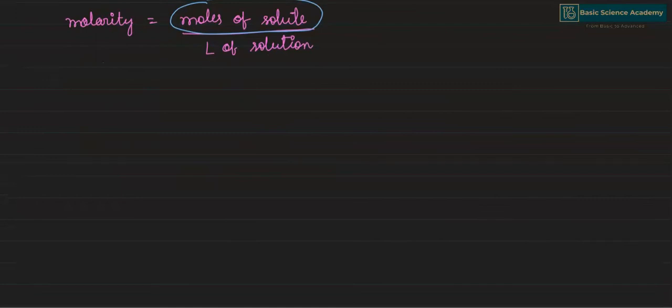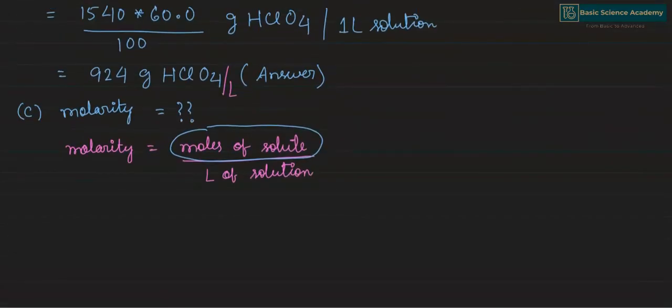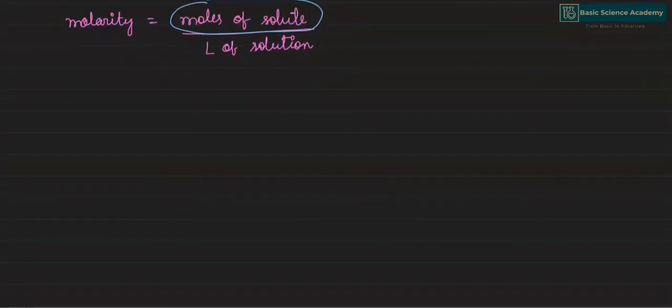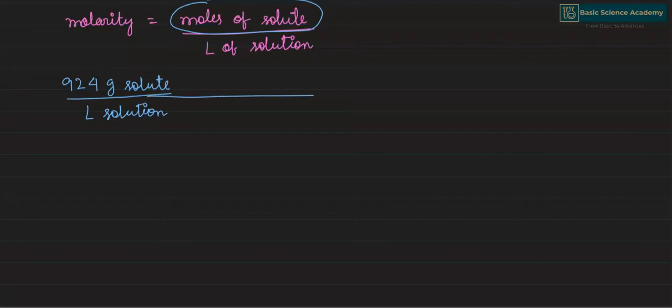So what we got from part B is 924 gram HClO4, 924 gram solute per liter of solution. So now we have to convert this grams of solute or grams of HClO4 into moles of solute.